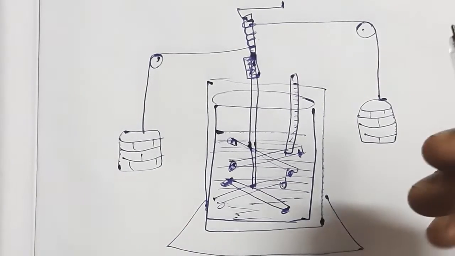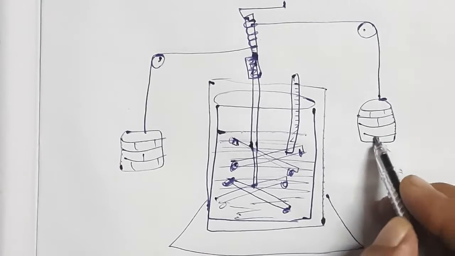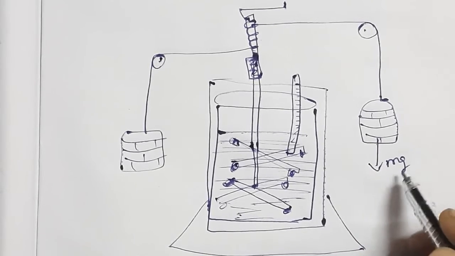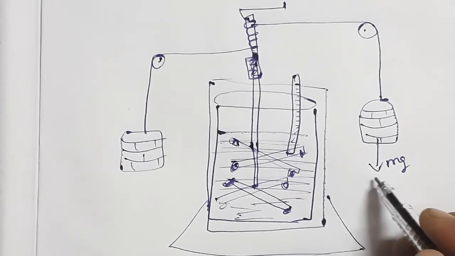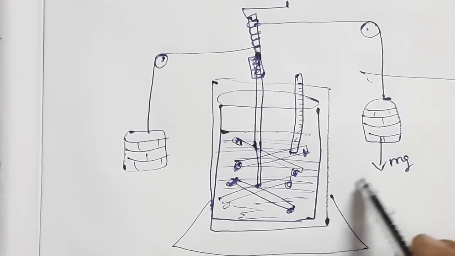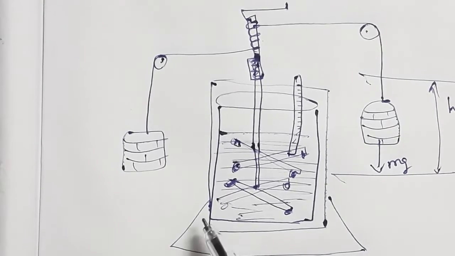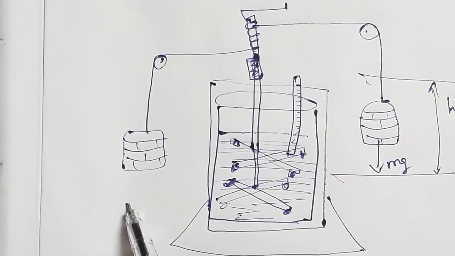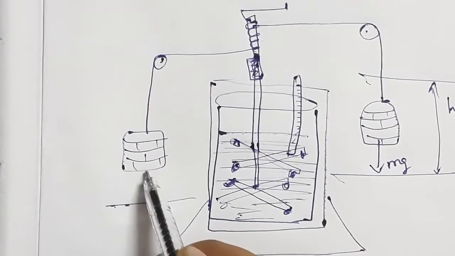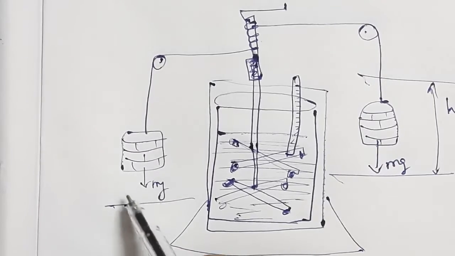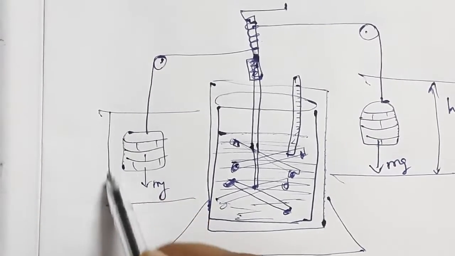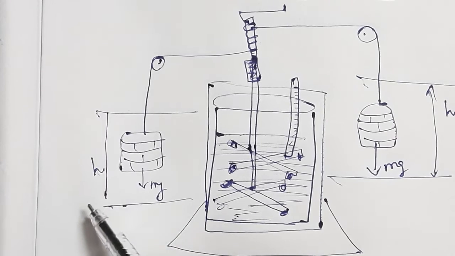So listen, the weight of these masses acts downward, mg. We can consider a height h, and here also the weight acts in the downward direction, mg, through a measured height h.